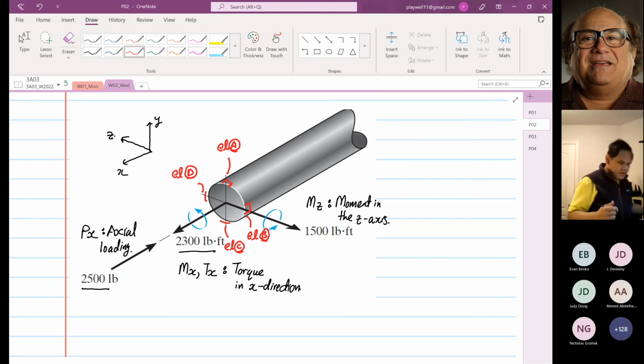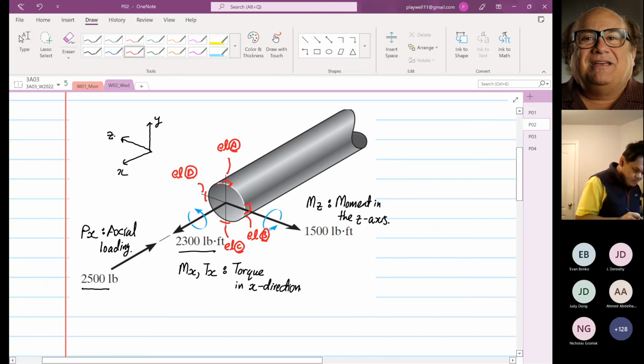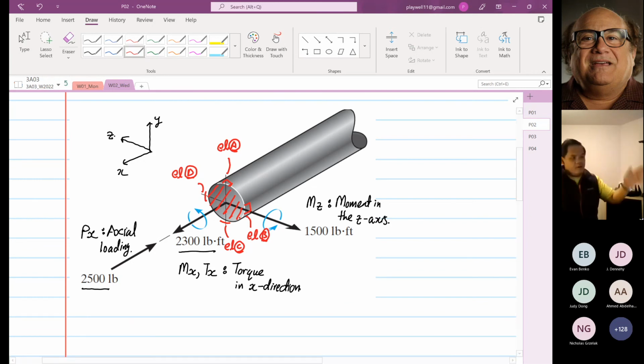We are making the assumption that on this face over here is where fracture will occur, but exactly at which point? Is it element A, B, C, or D?